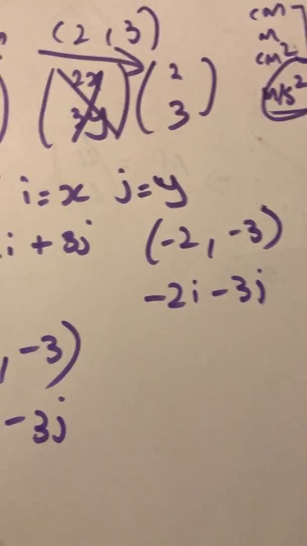Now that you know what column vector and ij form are, I'll go a bit into the operations of vector. Let me just get my paper. In vector there are a few more things you need to know: how do we add a vector, subtract a vector, and multiply?